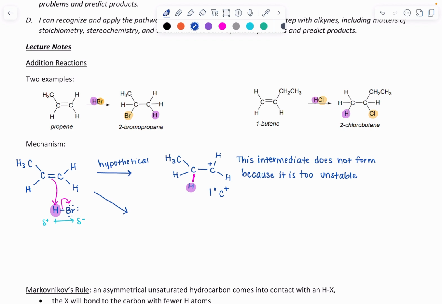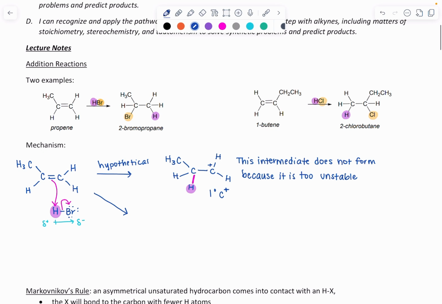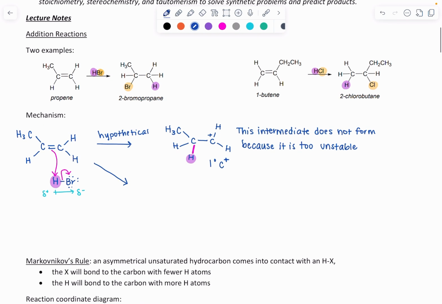So what would form? Well, that would be if this purple hydrogen is bonded on the right side of that molecule. That new bond to that hydrogen, I'll highlight just so we can keep track of it a little better.